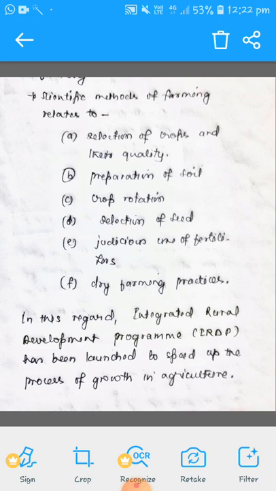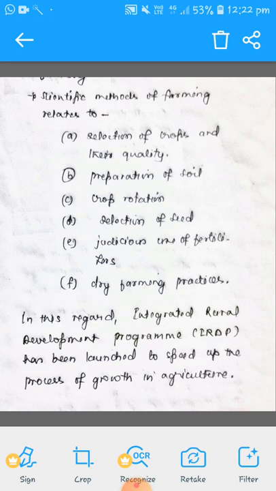Dry farming practices also need to be improved, because still only 65% of the land area is covered under irrigation facilities, and the rest is rain-fed. So we have to do dry farming practices too.